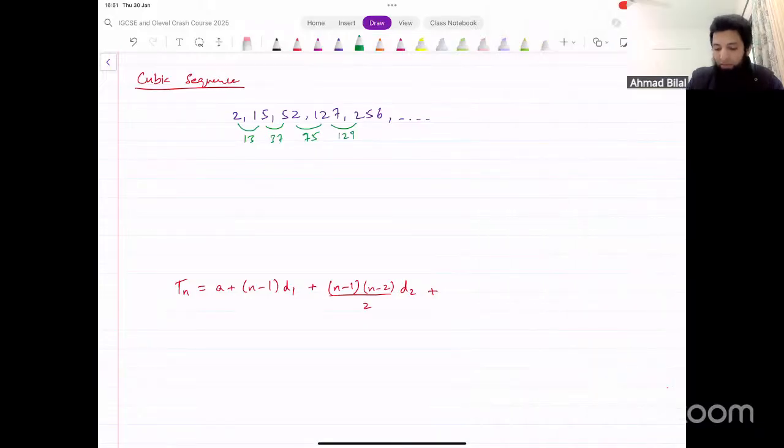Okay, now you find the second difference between these terms. Let's see what that is. 37 minus 13, that will be 24. 75 minus 37, that should be 38. And then 129 minus 75, that should be 54.